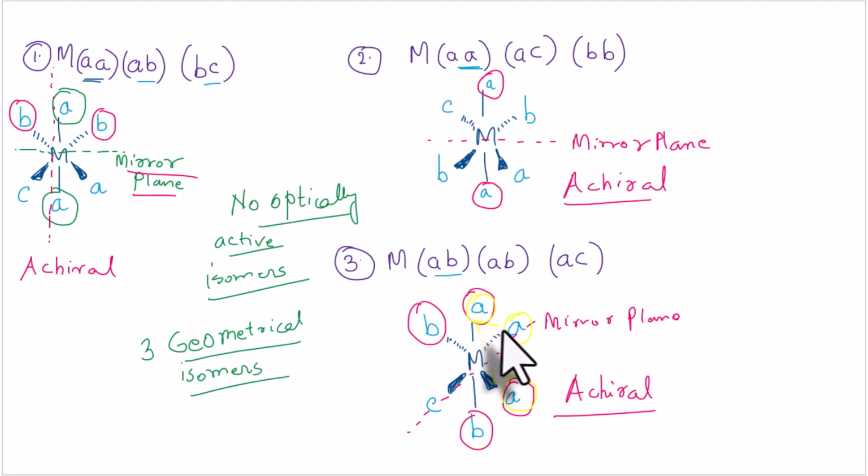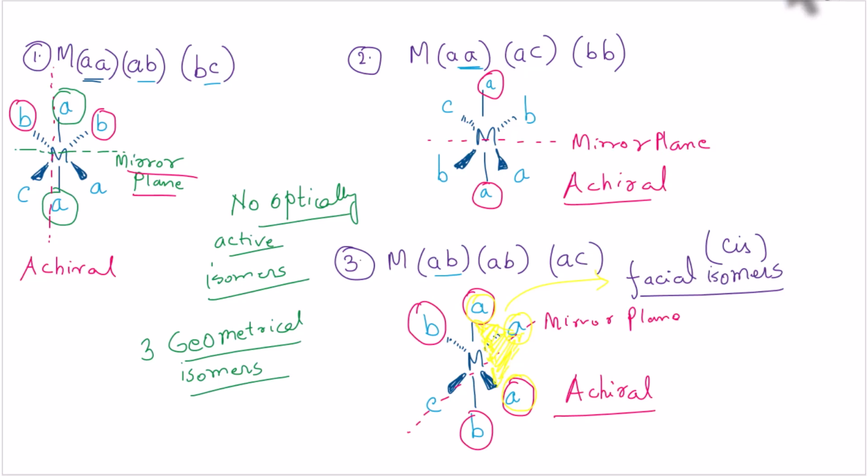So 3 A's, 3 identical ligands on the same side, on the triangular face of the octahedron, give rise to the facial, cis-facial isomer. If you remember, facial and meridional isomers also exist for PMe3 type complexes. So this A3 lying on the same side gives rise to the facial isomer, which is cis.